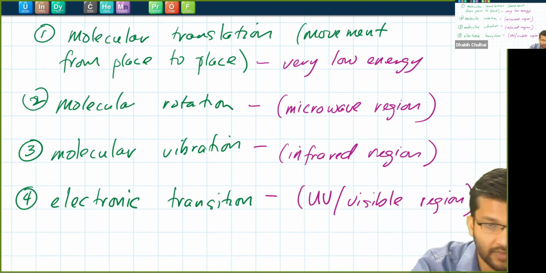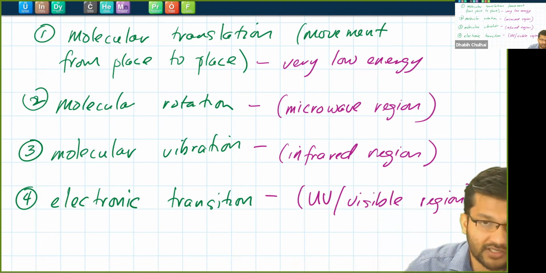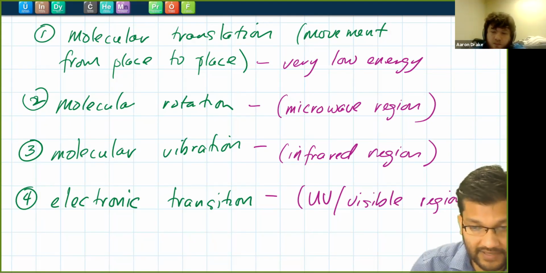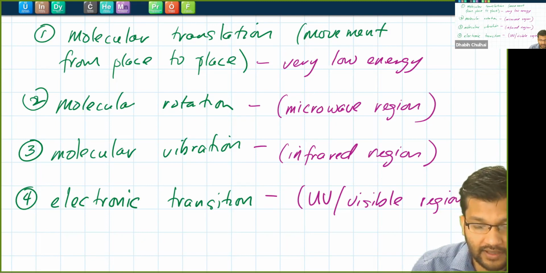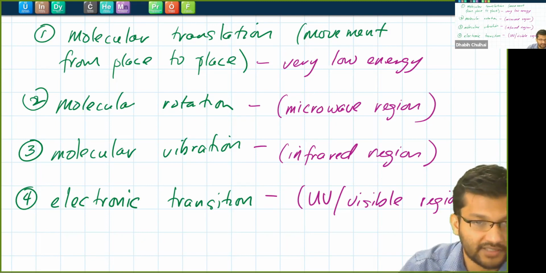Meaning it's so much energy that not only are you changing the electron orbital from a lower energy to a higher energy, but that electron gets ripped away from the atom. So as you get closer to X-rays and gamma rays, it becomes ionizing. You start to rip electrons away from the atom, which is in itself a good way to probe matter and see what it's made of.